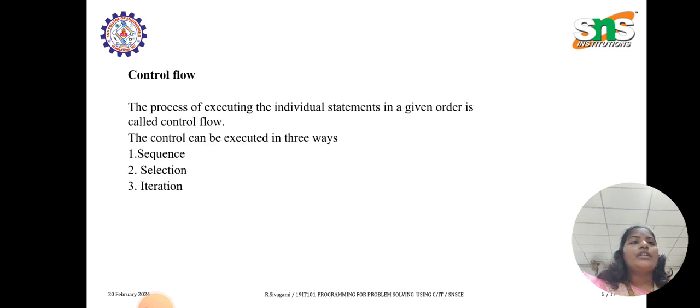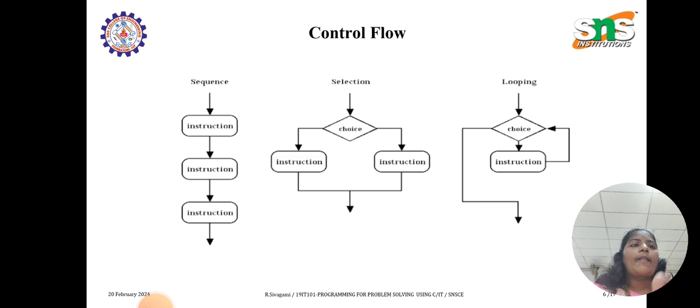Then the topic is control flow. The process of executing the individual statements in a given order is called the control flow. The control can be executed in three ways: first sequence, second selection and third iteration. Here I have given the flow chart for the concepts.